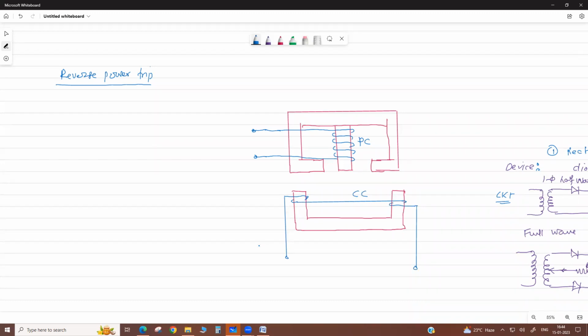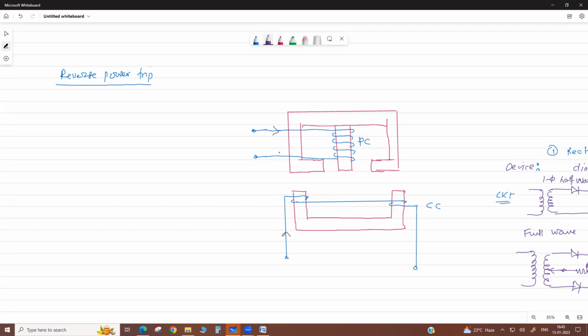So there are two coils here: the current coil, CC, which is connected in series, and the pressure coil. The load current passes through the current coil, and through the pressure coil current flows due to the potential difference.